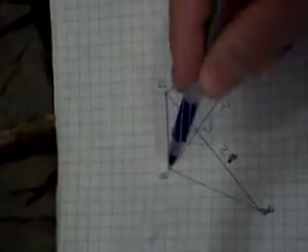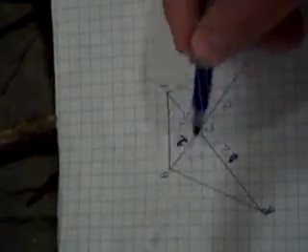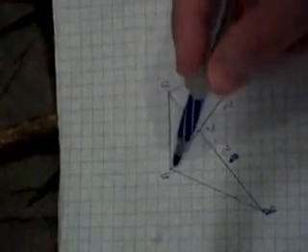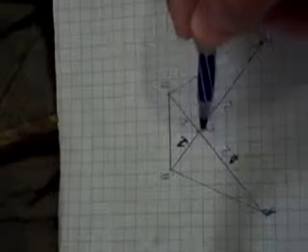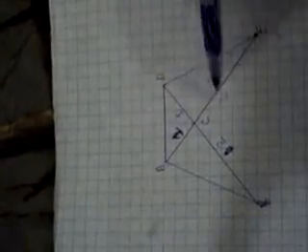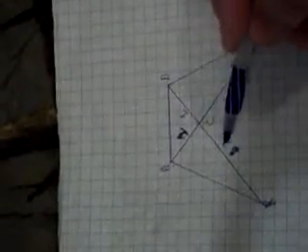Now you see CA, this line here called CA? Well, CA belongs to triangle ABC. So, as BC is to DC, which is 2 to 1, so is CE, which is 2, to AC, which is 1, which of course is true.